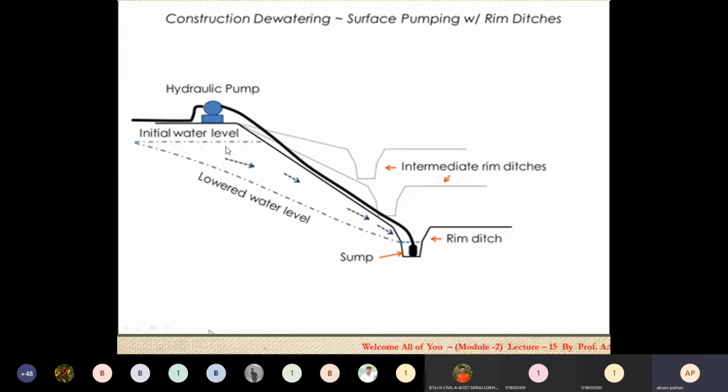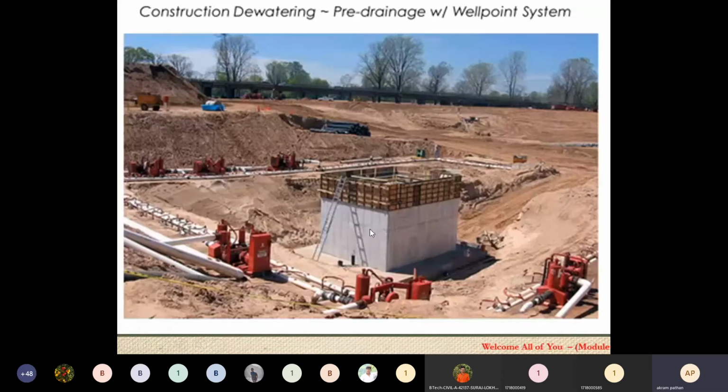So again we have the initial water level, and this is the fluctuating water level after pumping starts. This is also a simple method by which we can dewater the excavated area and make it dry for the working conditions. Then this is the process for dewatering.